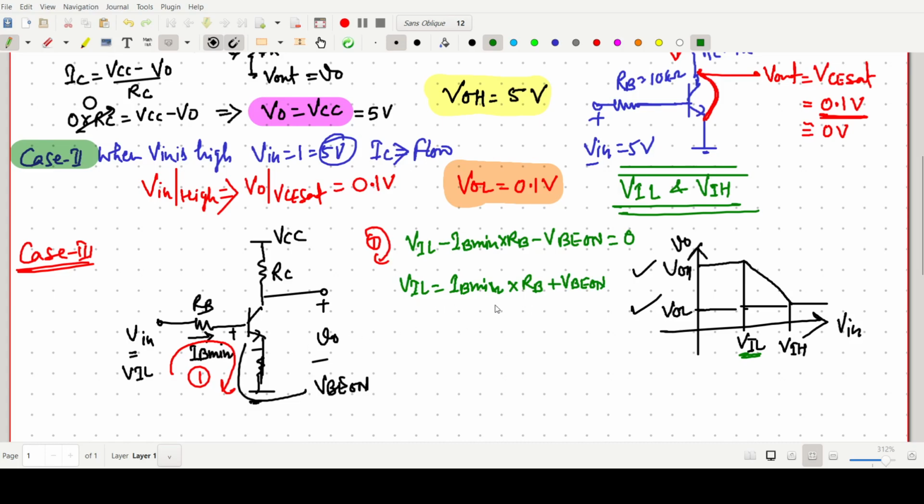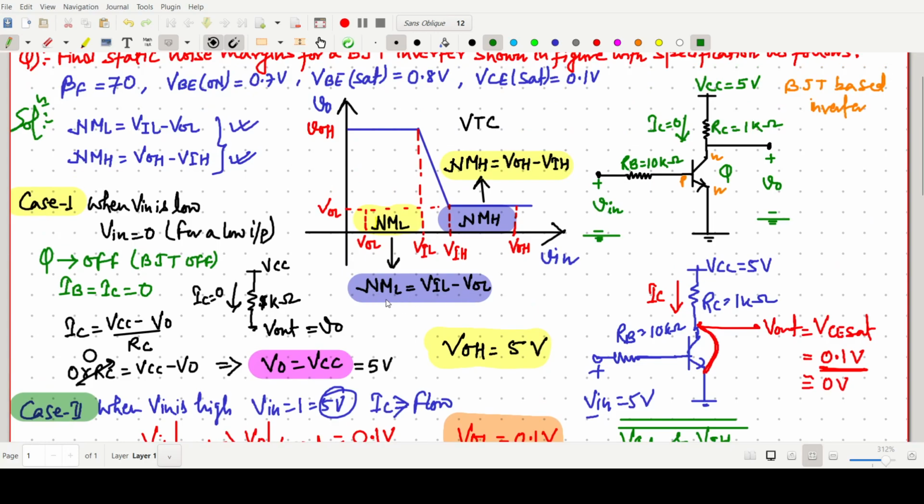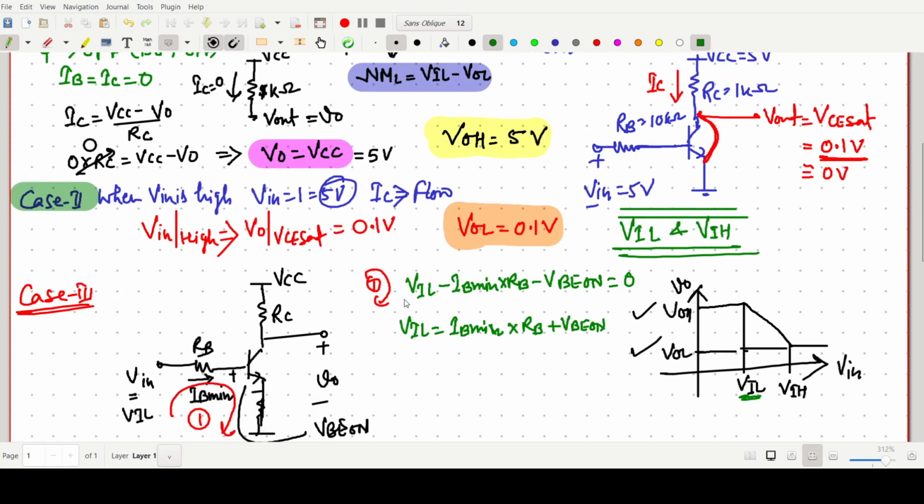So VIL value we can find. In our question VBE on value is given as 0.7 volt. RB value is also given. So if we find the value of IB minimum, then we can easily say the value of VIL.